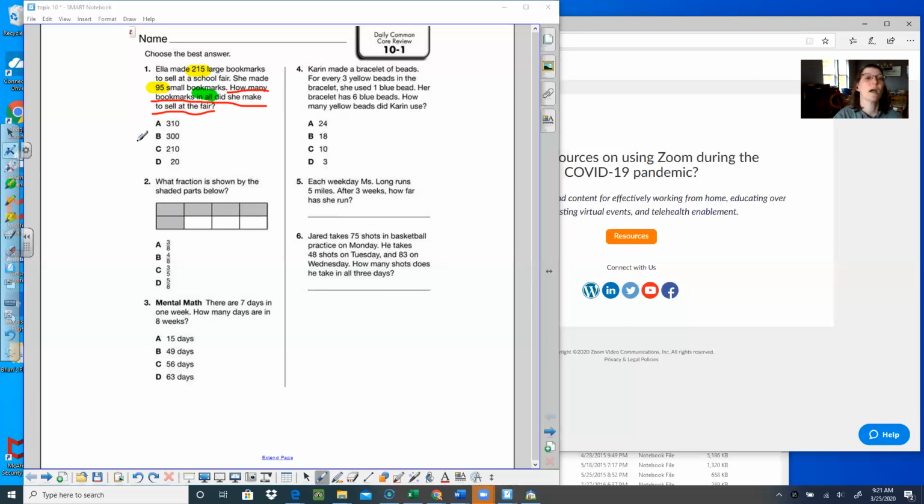On your spiral or your notebook paper, I'd like you to show your work for number 1. I'm going to see if I can use my finger. Oh, I can, yay. 215, pardon my bad handwriting, plus 95, and hopefully your plus looks better than my handwriting on the screen. I'm going to write it real quick in my little spiral while you're showing your work on your paper, and I'm going to work it.